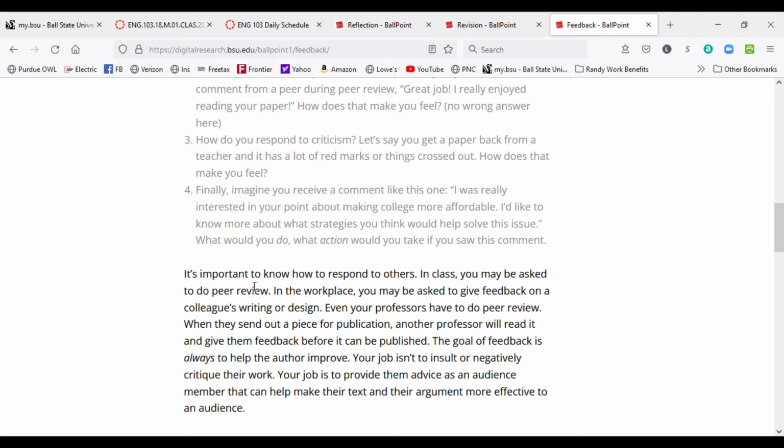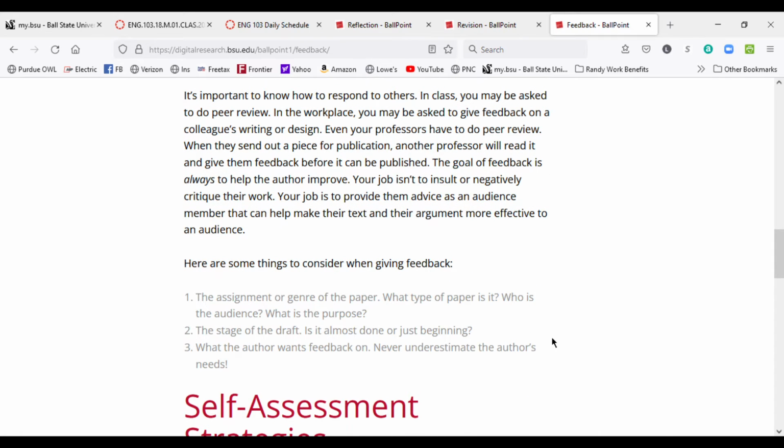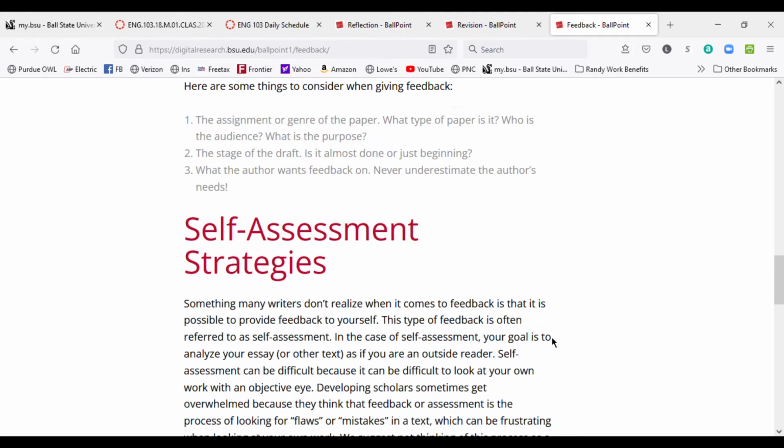It also talks about how to give feedback in peer review, so that when you're in class you can give better feedback to your peers, which we will be doing on the next paper, our rhetorical analysis.